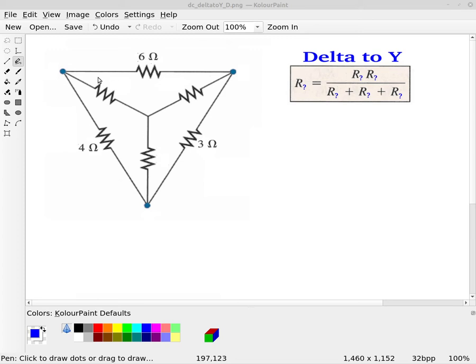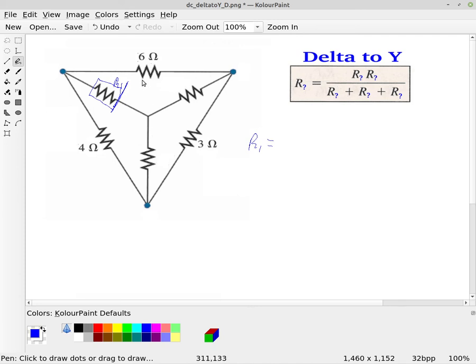If I want to find this resistor value here, I at least need to mark it, but I can define it when I want, and I don't care what you label those other ones. So if I want to look for this resistor R1, okay, I'll label it now.